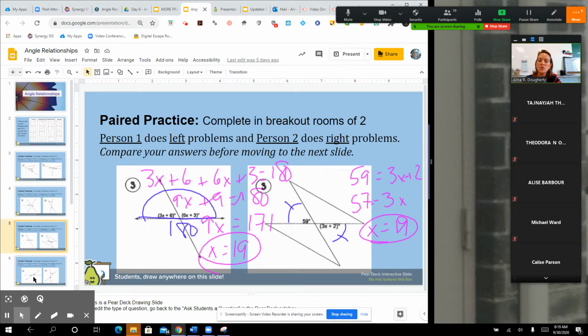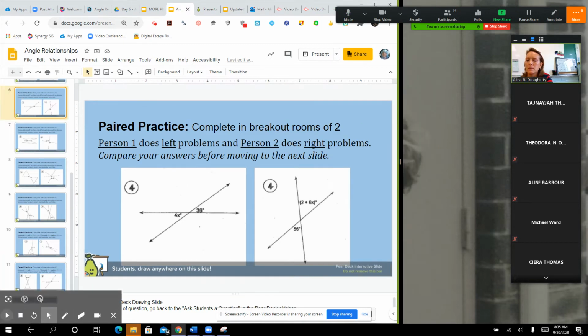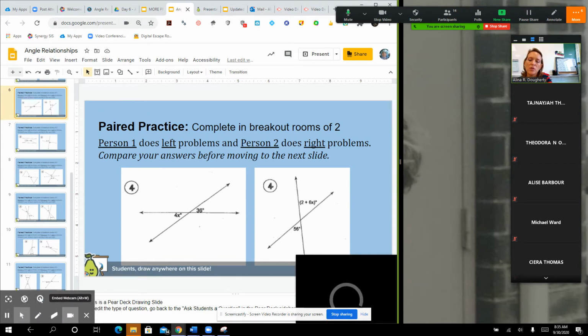So let's try slide number 6. You guys do the one on the right and I'll do the one on the left and we'll see if we match. So we've got vertical angles. Okay.